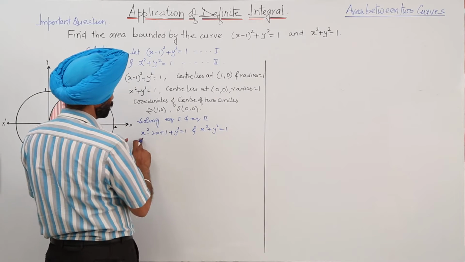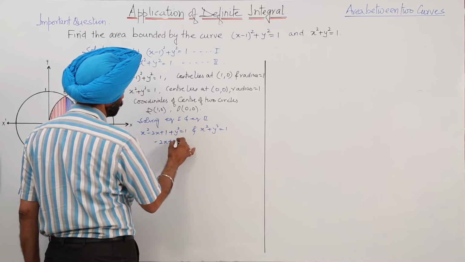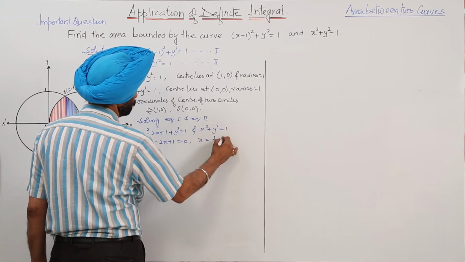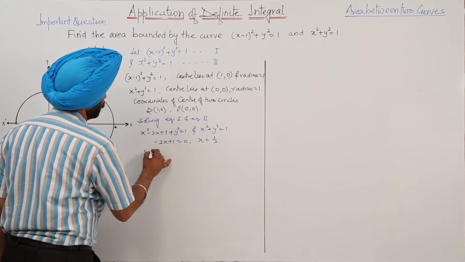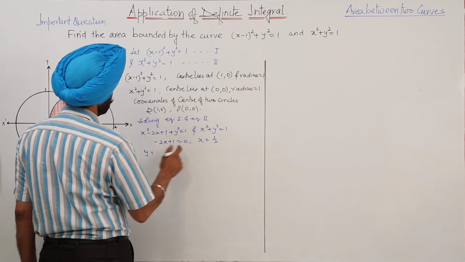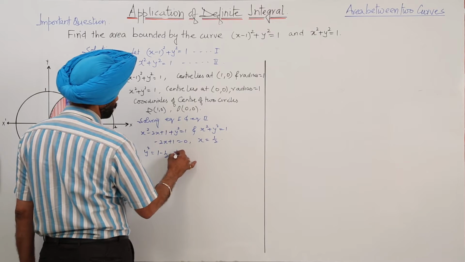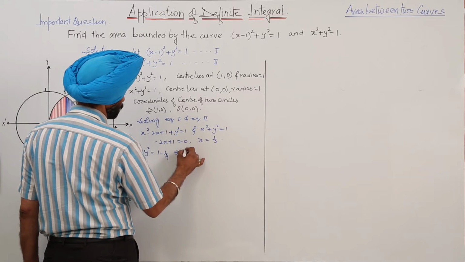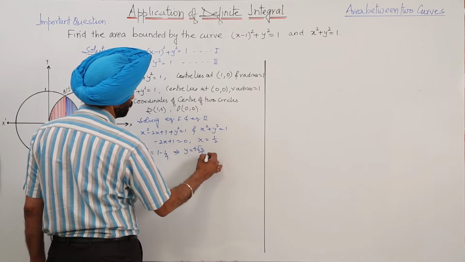Now, from both sides x² + y² = 1, so what we are having is −2x + 1 = 0, or x = 1/2. Now x is 1/2, y² = 1 − 1/4 = 3/4, and y = ±√3/2.